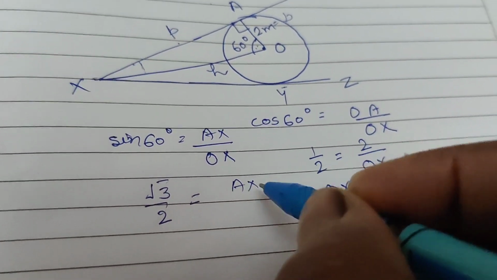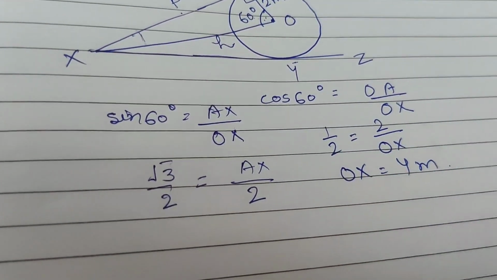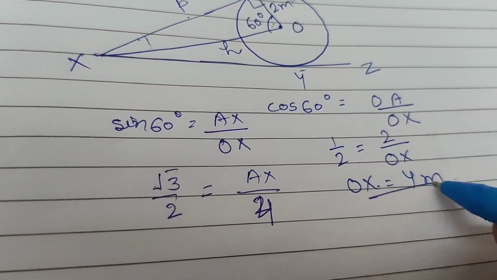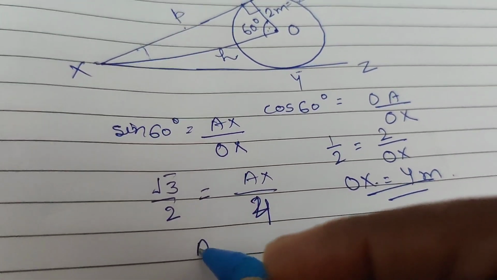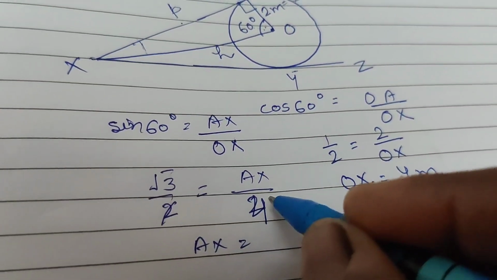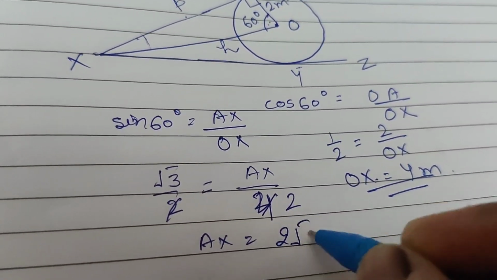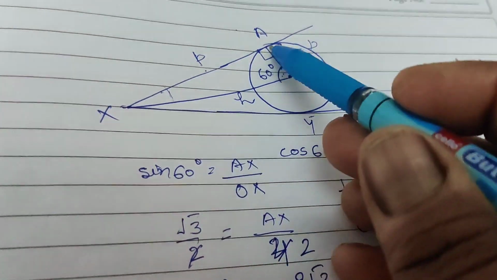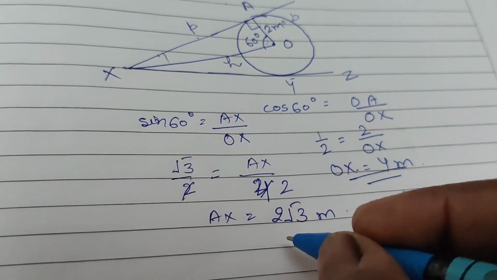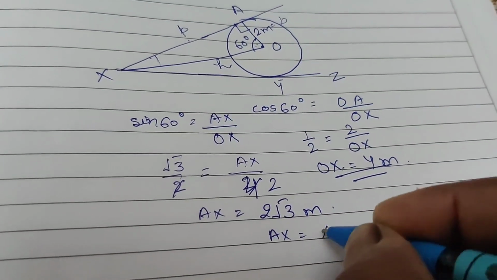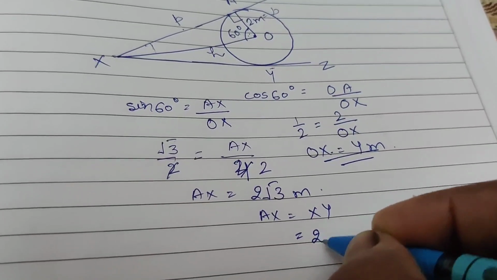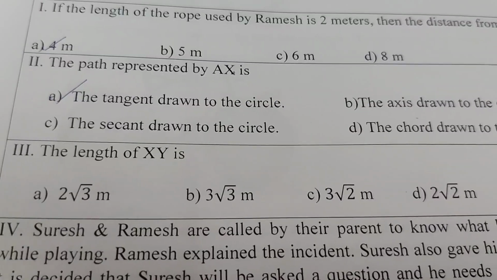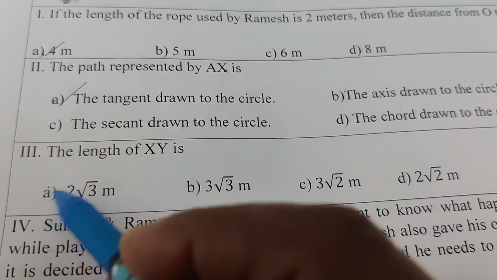AX by OX, OX equals 4. Now AX equals 2 root 3 meters. The length of the tangent is 2 root 3 meters. It means AX equals XY, which is 2 root 3 meters.